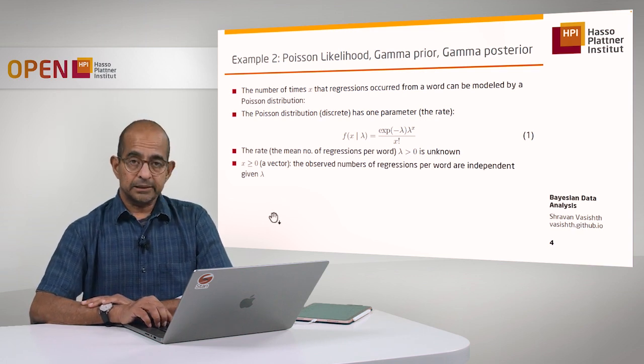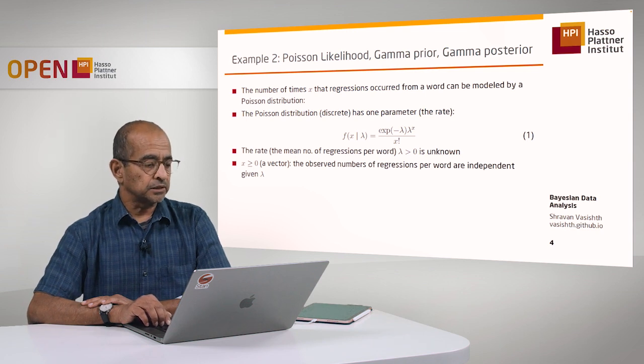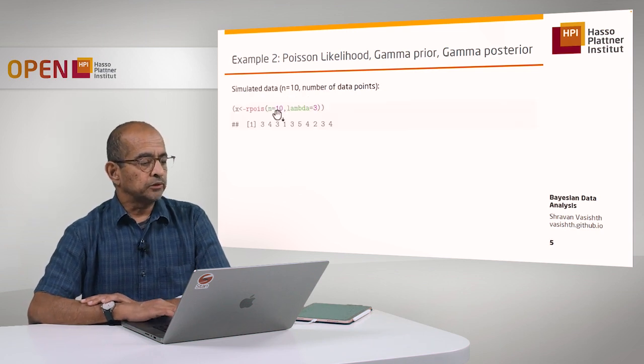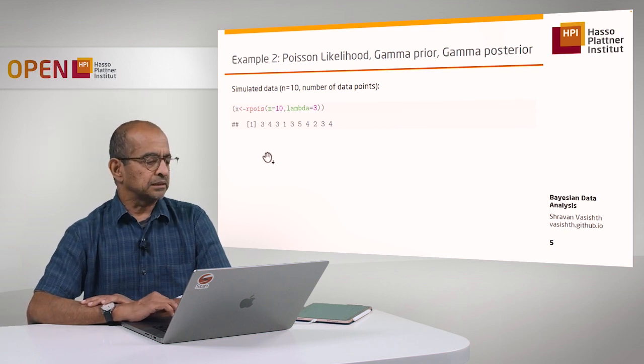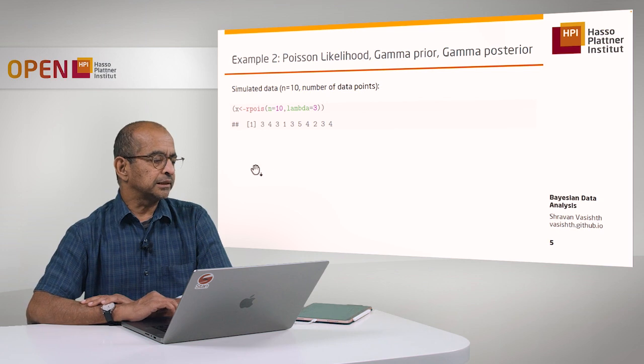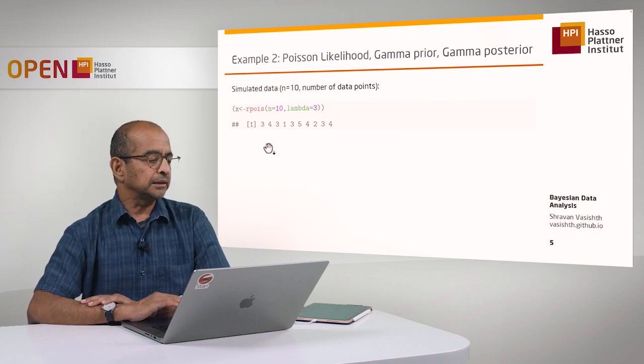Okay, so how do I go about doing a Bayesian analysis given some data of this type, right? So we're going to just simulate some data because I don't want to work with the complexity of the real data right now. Just to illustrate the point, suppose I have 10 data points that are coming from some Poisson distribution with some unknown lambda parameter, right?